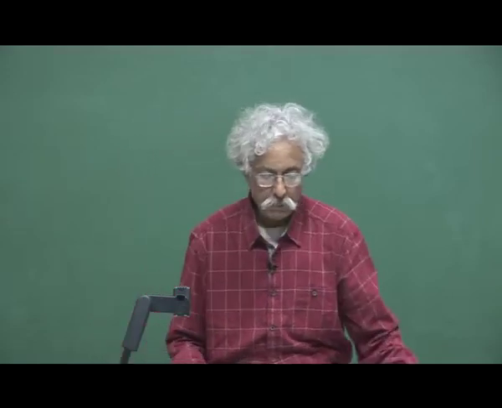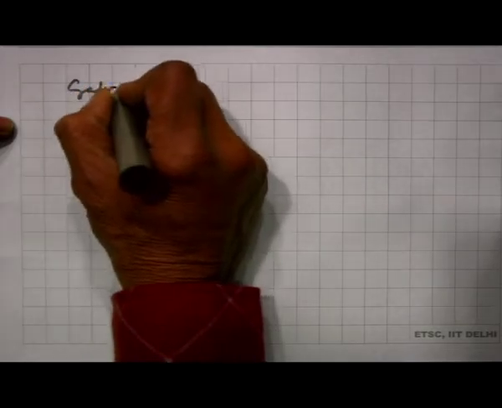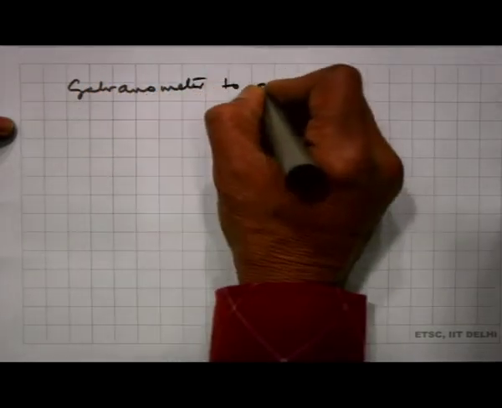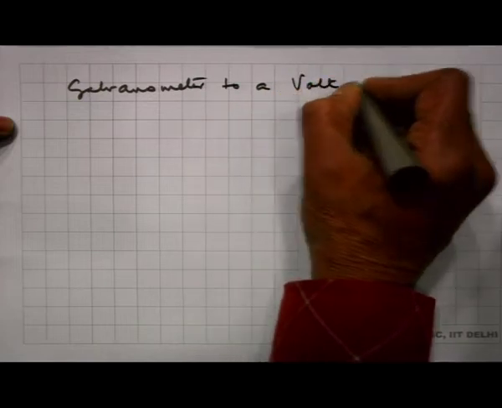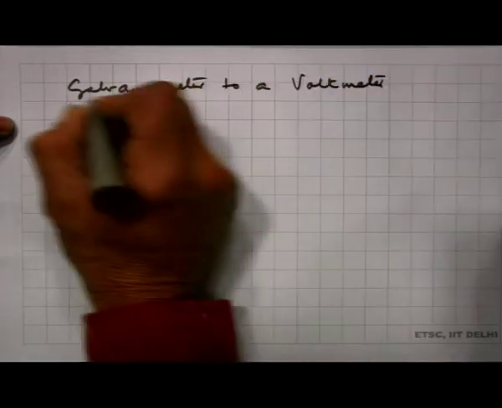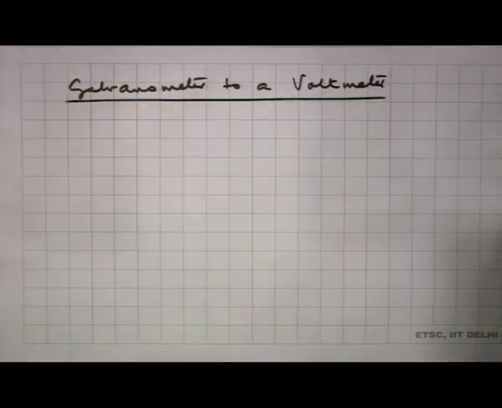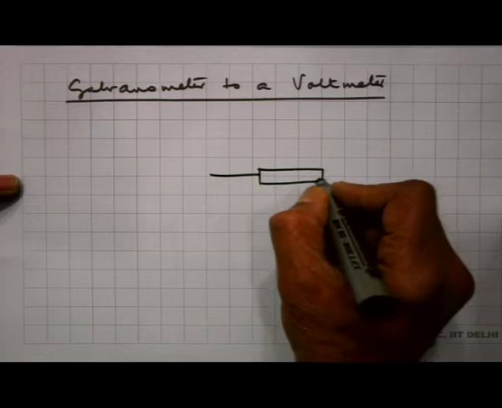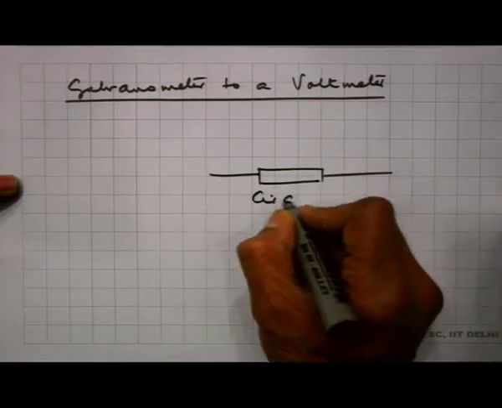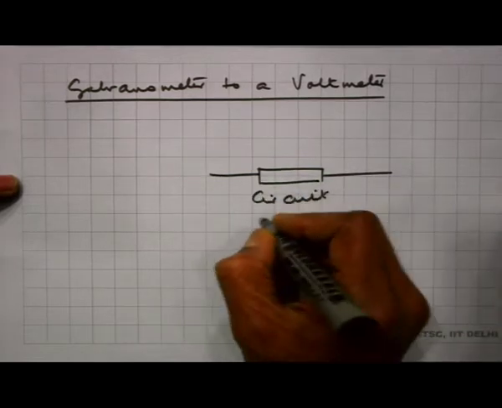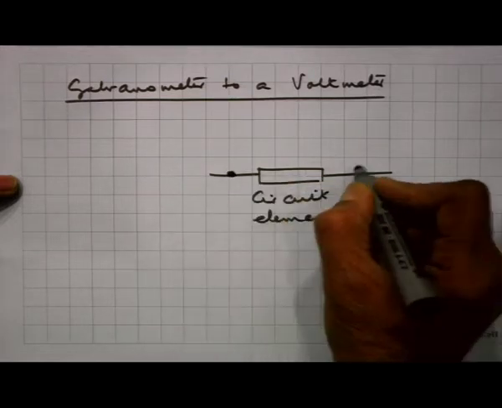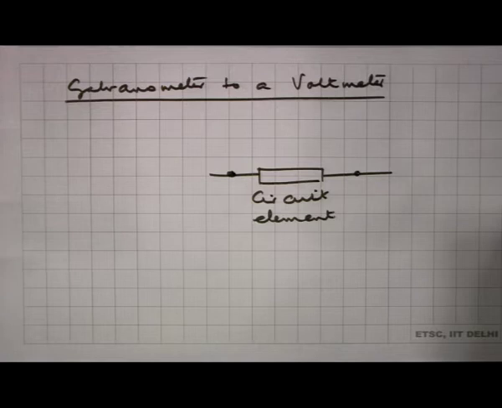Now, let me look at another example, galvanometer to voltmeter. I could have a circuit in which I have some circuit element here, and I want to measure the potential difference across these 2 points.